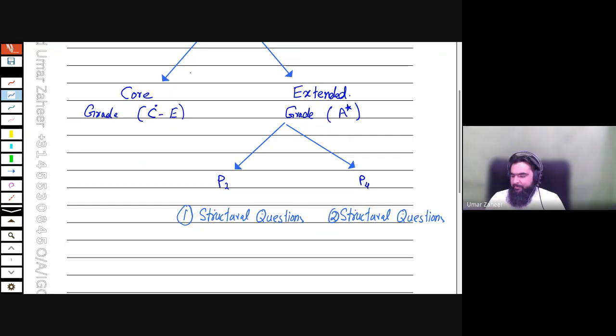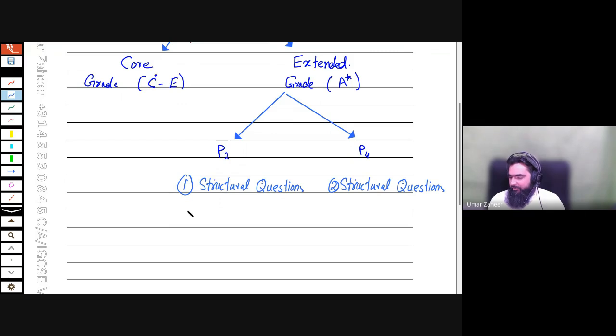All right. In the same way, if we talk about the marks, paper 2 is a 100 marks paper. In the same way, paper 4 is going to be 100 marks as well.